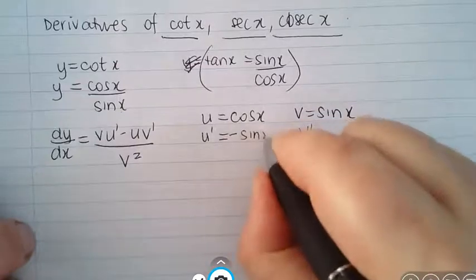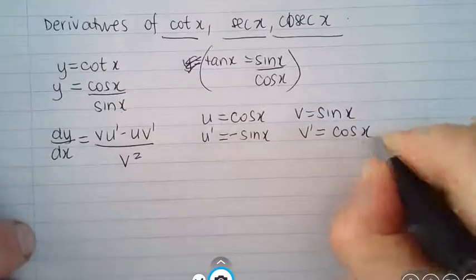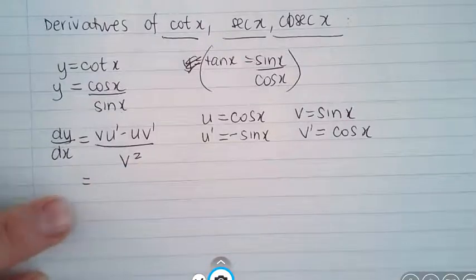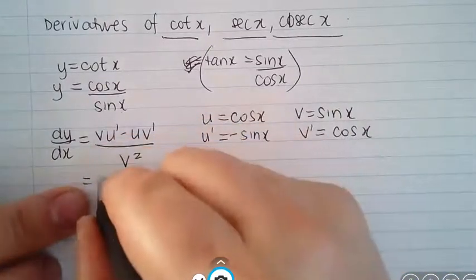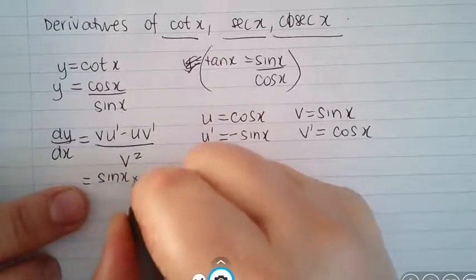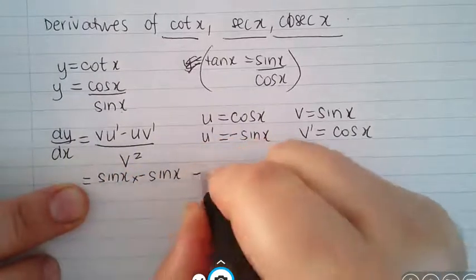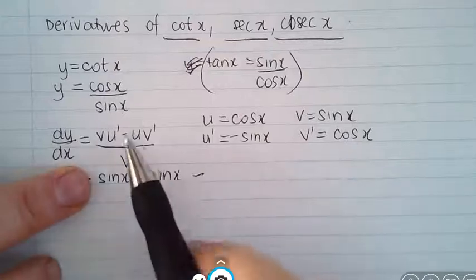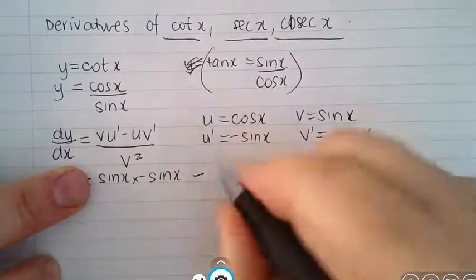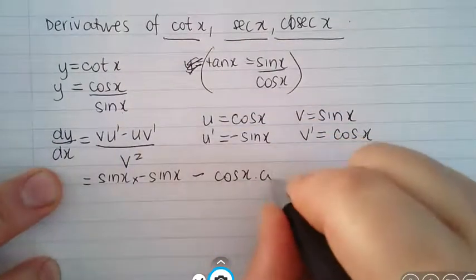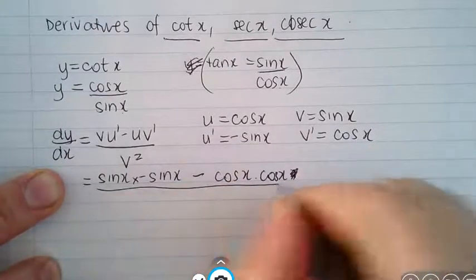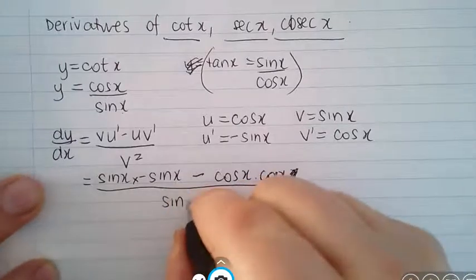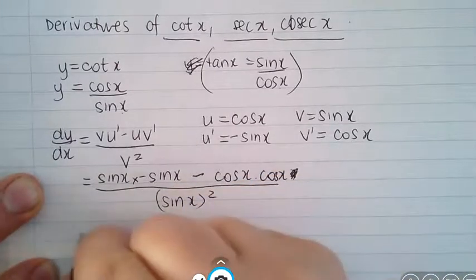Yep. v is sine x, v dash is cos x. Substituting into the formula, you've got sine x times negative sine x, minus uv dash, which is cos x times cos x. v squared is sine x squared, which is sine squared x.